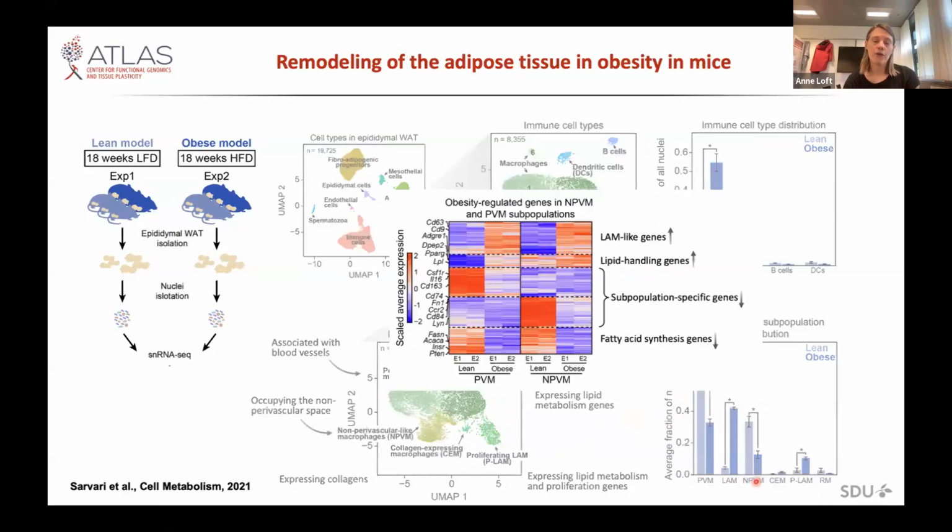And we could also look at the transcriptional signatures of these different macrophage subpopulations, where we saw that, for example, the perivascular macrophages turned on genes that were linked to lipid handling, really indicating that they acquired a lipid-associated-like phenotype and likely contributed to macrophage lipid handling as obesity arose in these mice.